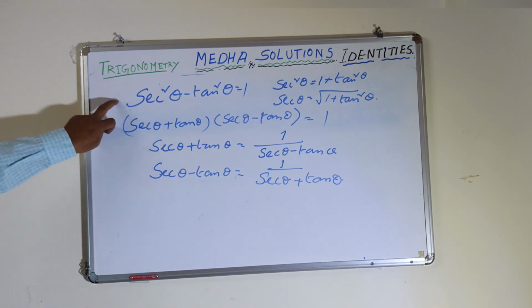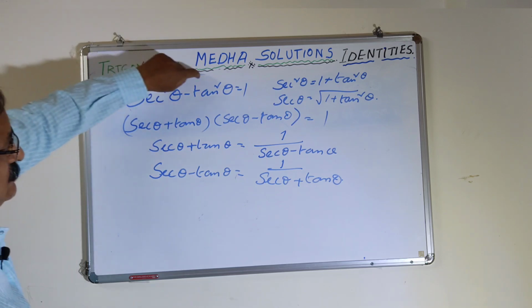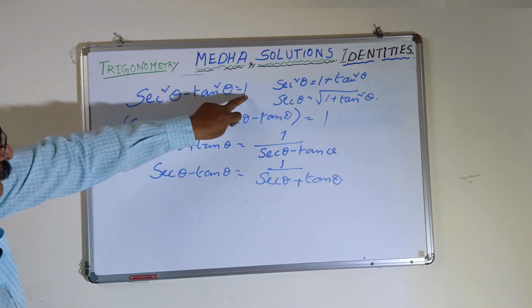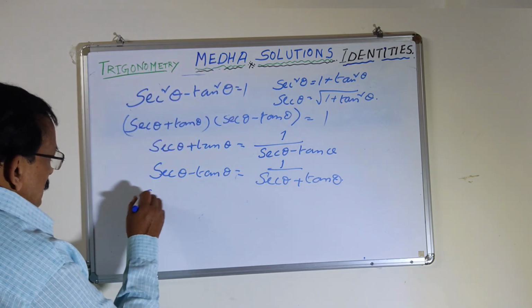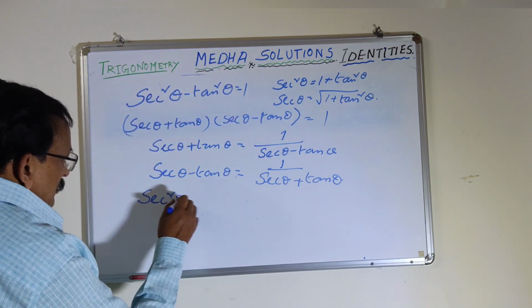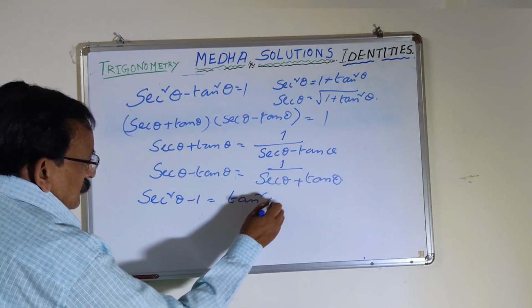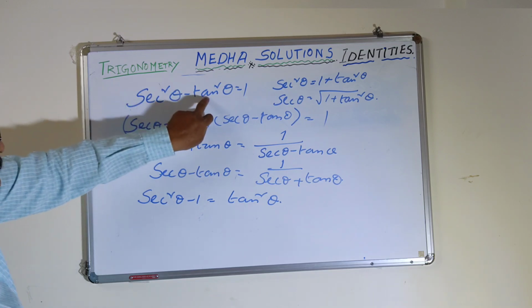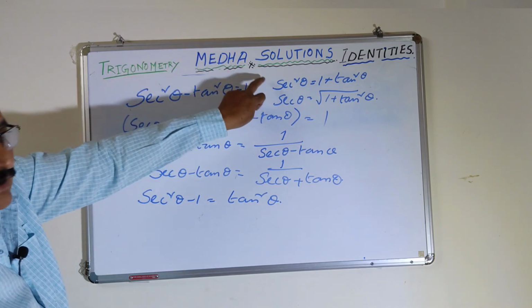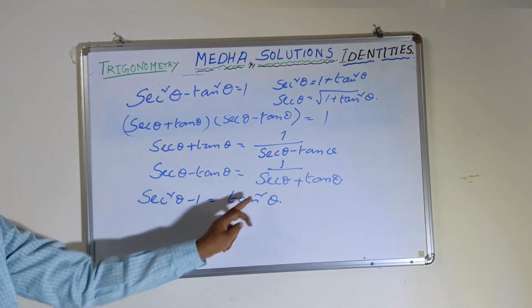And one more thing here, about sec square theta minus tan square theta is equal to 1. Now transpose 1 to this side and tan square to that side: sec square theta minus 1 is equal to tan square theta.